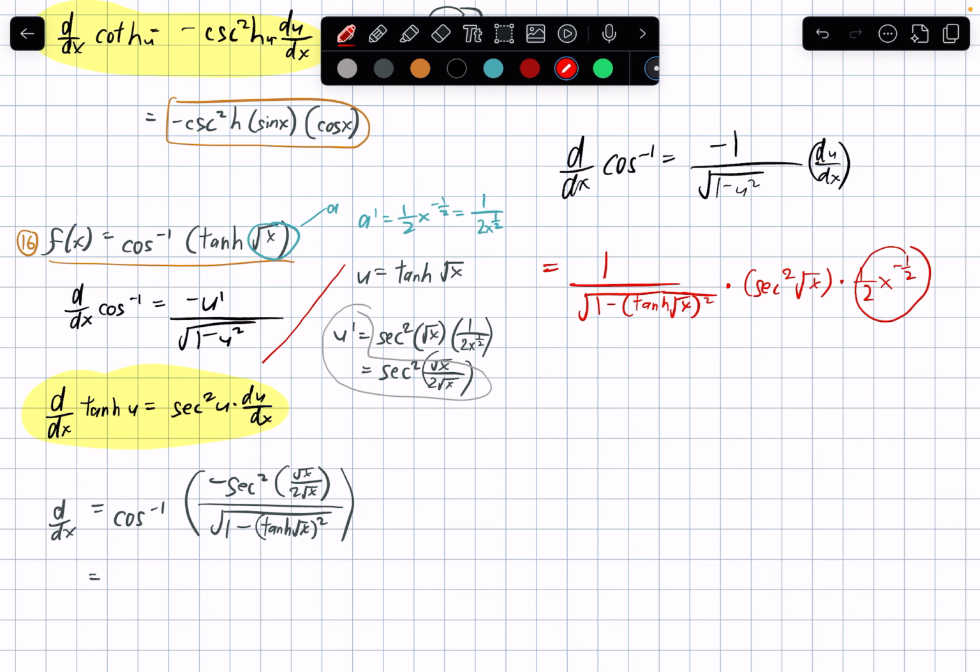This I kind of get. This is the derivative of this. Okay, so this one is the derivative of this. This one, its derivative is this, such that its u is this one.